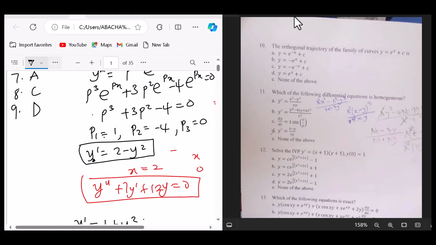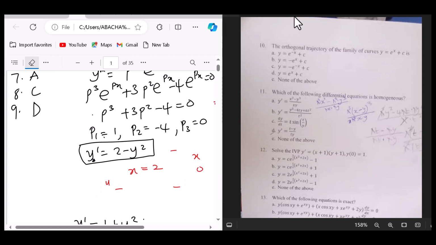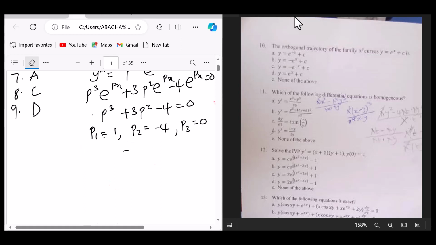Okay, so we are asked to check for number 10. We are asked the orthogonal trajectory of a function. So let's see how we are going to do that. That's question 10.